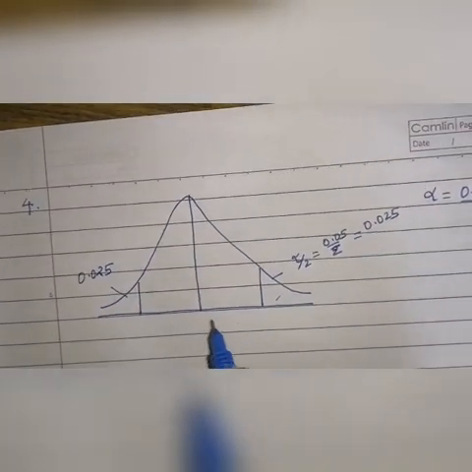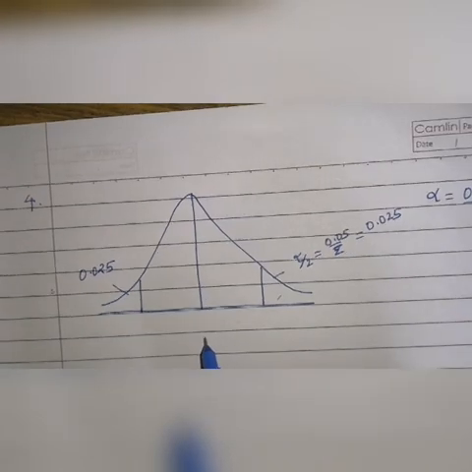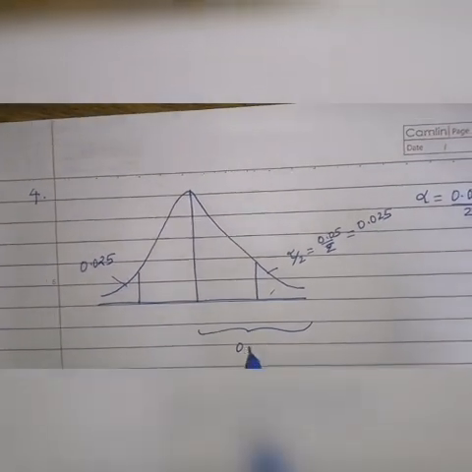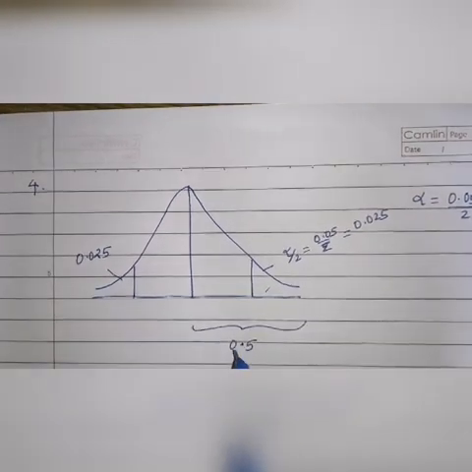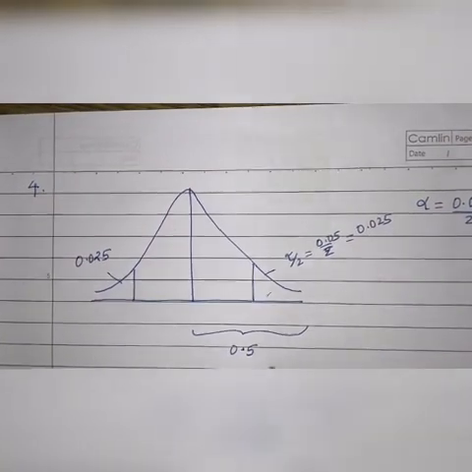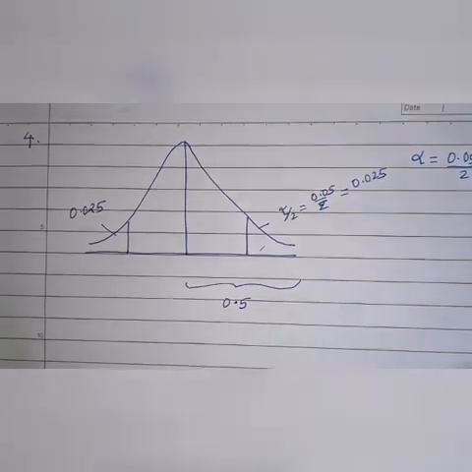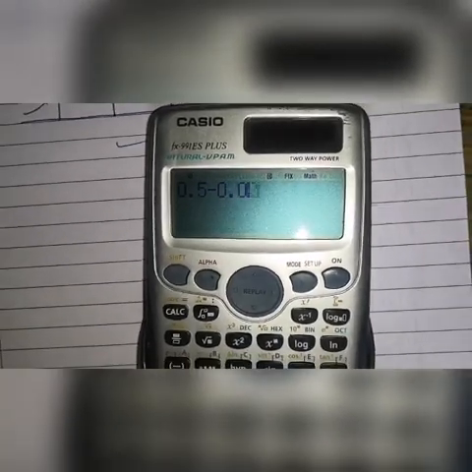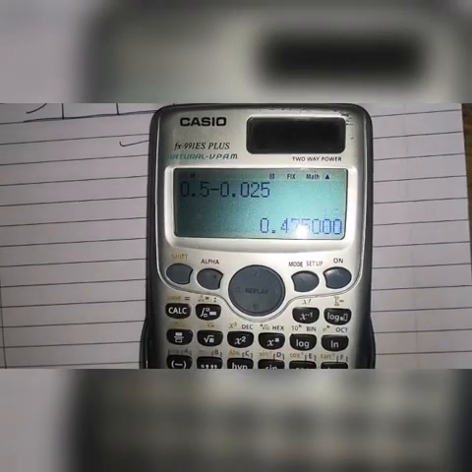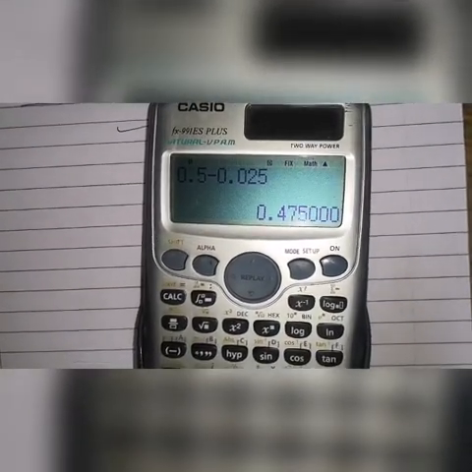Now this entire region is 0.5, and we have to deduct 0.025 from this value. So what do we get? 0.5 minus 0.025 is equal to 0.475.